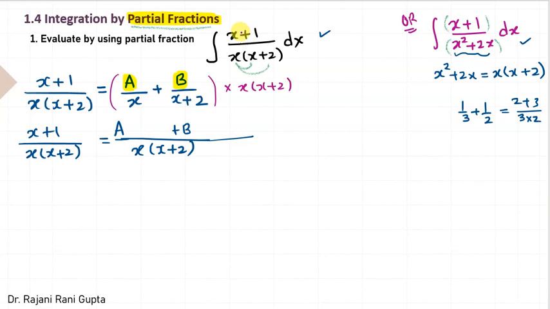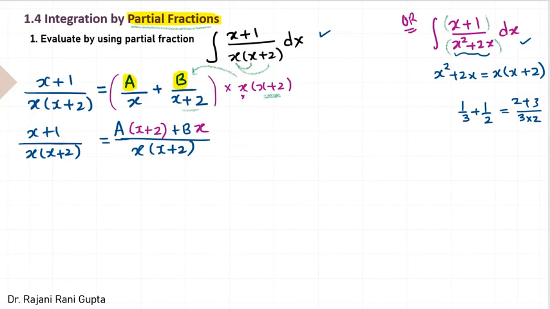When you multiply with A, the x and x get cancelled and you are left with only x plus 2. When you multiply with B, x plus 2 gets cancelled and you are left with only x. This is the easiest way of doing this.